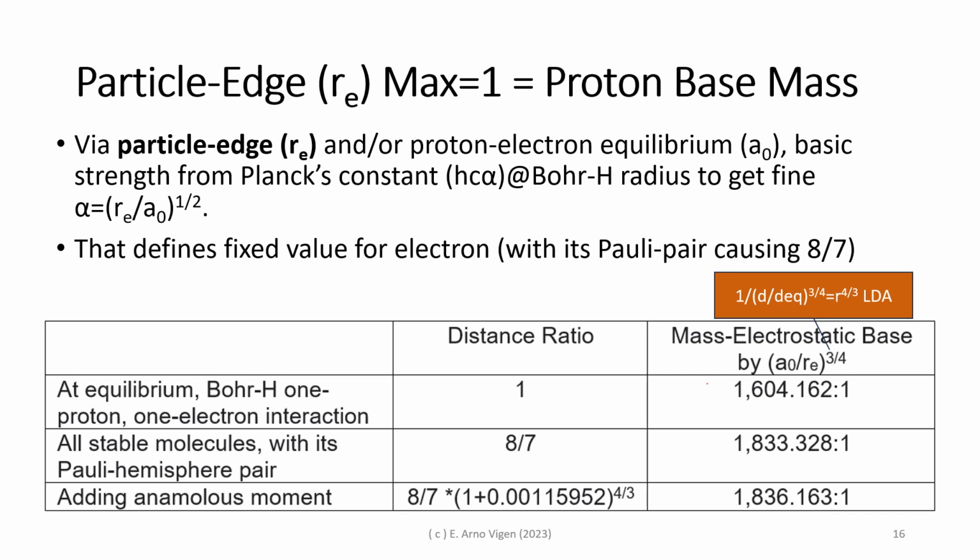So by applying that equation at the back end, we're going to get 8/7 added here. So that's going to be 1833. And then if you apply the anomalous moment, again, we got to go back with this equation. I probably should have done it in the middle. You get 1836.163. That's pretty close to the ratio of the mass of the proton versus the mass of the electron. So it works in the simplest case.